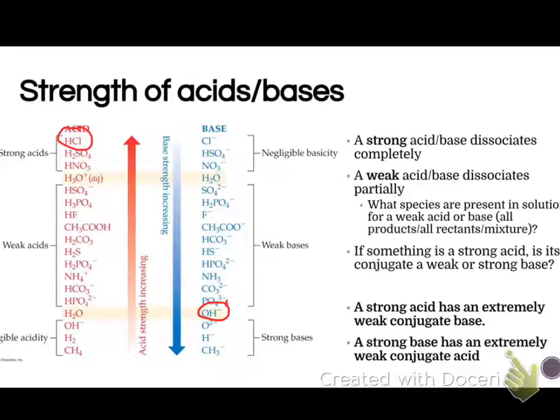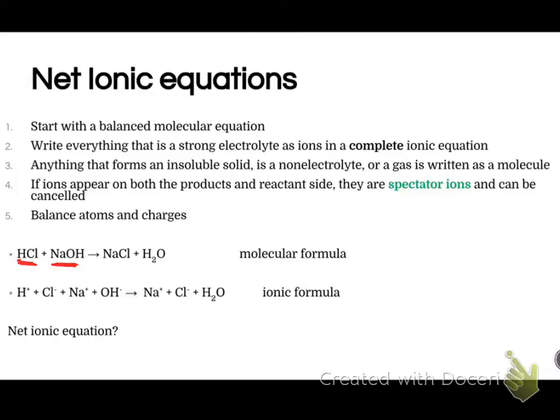So that means that OH minus is in the strong base area and HCl is in the strong acid area. So if I take those two and I react them together, it's what we called a double displacement before, or replacement, they mean the same thing.